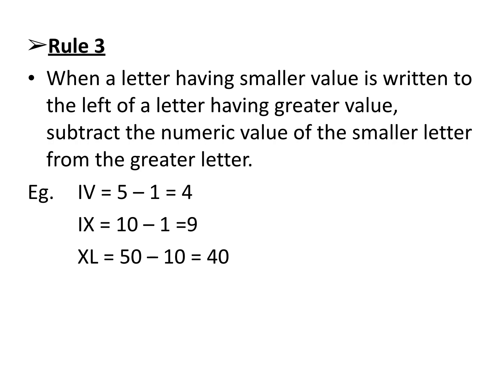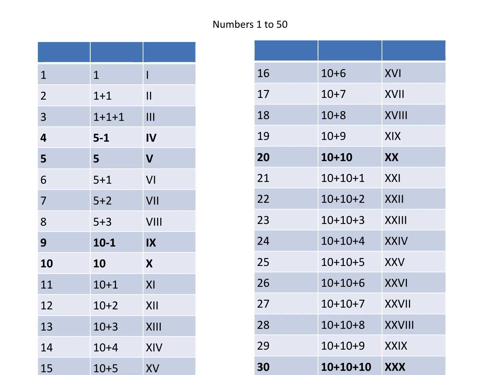Okay, next, how to represent the numbers 1 to 50 using Roman numerals. I have clearly explained and given it here, and where there are changes, I have bolded them. You can see this one. After 3, how to write 4? 4 means 5 minus 1. Then how to write 9? 9 means 10 minus 1. Then 20 is 10 plus 10, 30 is 10 plus 10 plus 10.